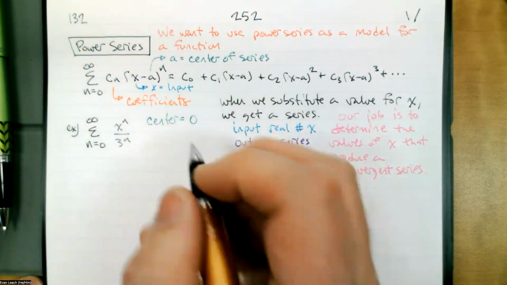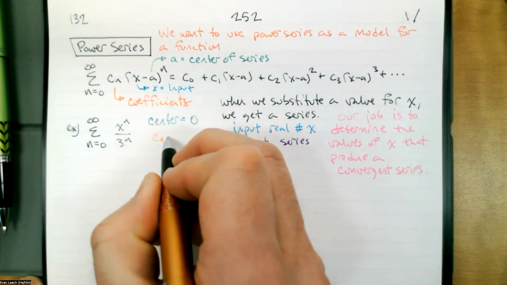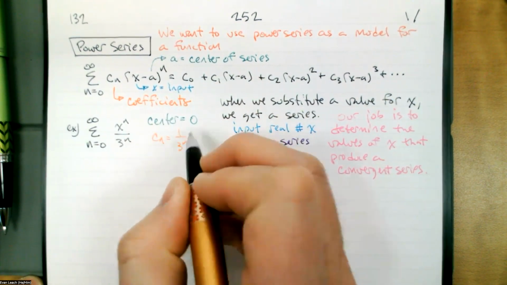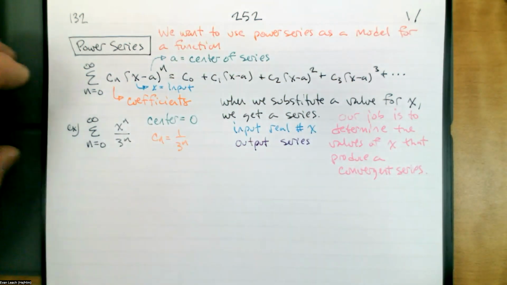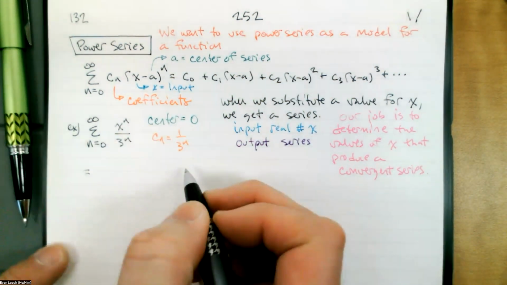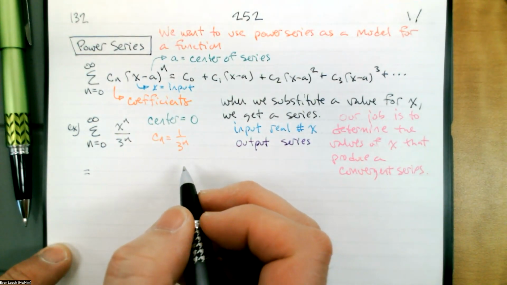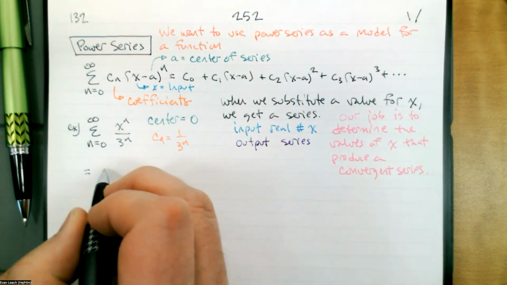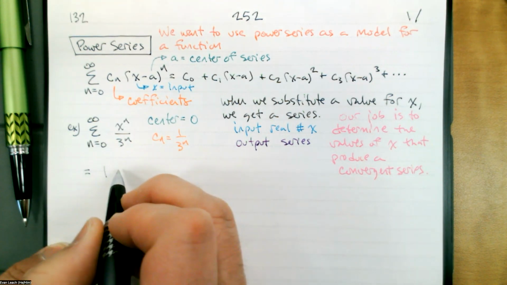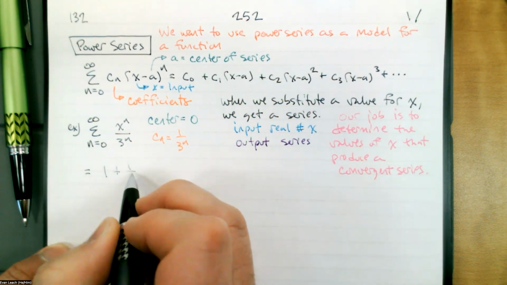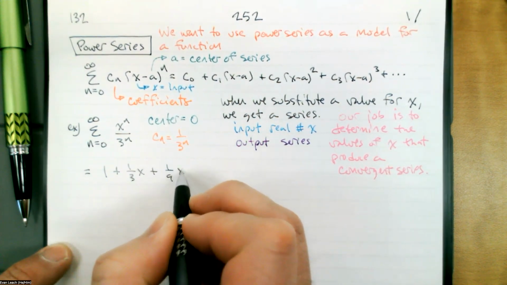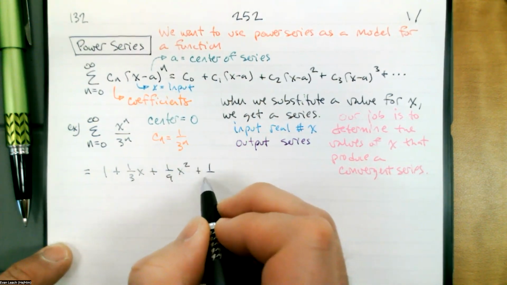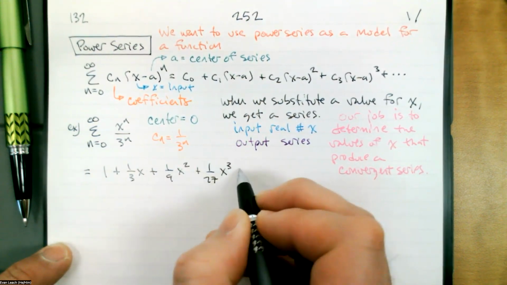And our coefficients are 1/3 to the n. So this series looks like, when n is 0, we get 1. When n is 1, we get 1/3 x. When n is 2, we get 1/9 x squared. When n is 3, we get 1/27 x cubed, and so on.